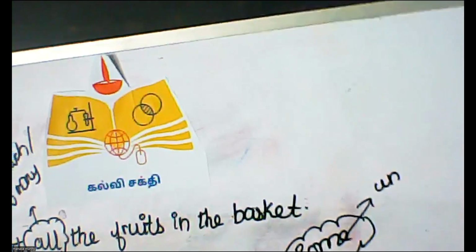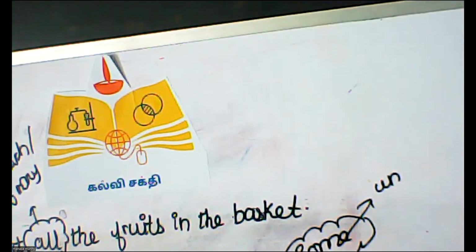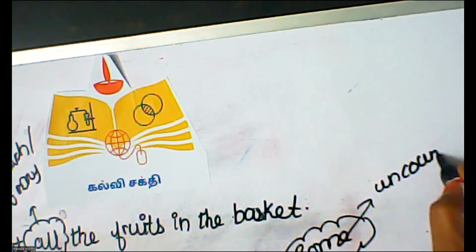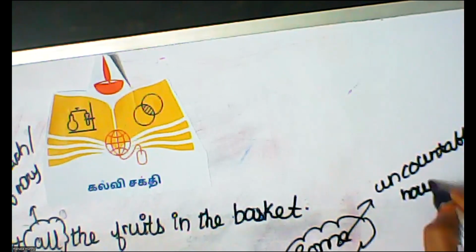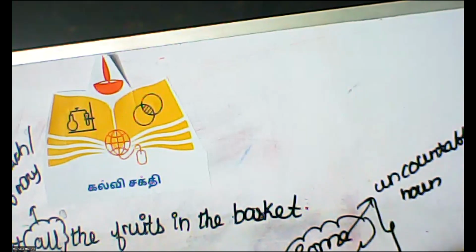Much, many, like these kinds of words are used before uncountable nouns. We cannot count them, so those are uncountable. The ones we can count we call countable. Some, much, less, these are all coming under uncountable nouns.